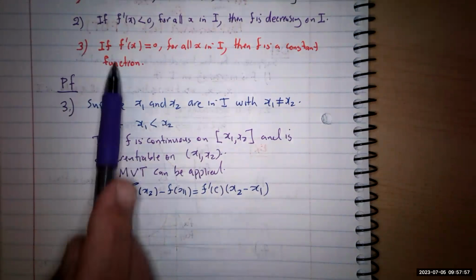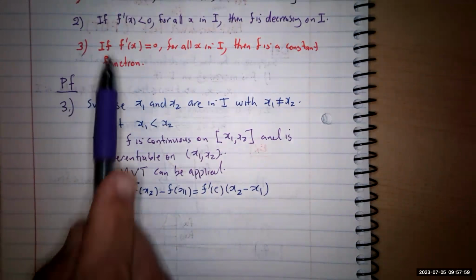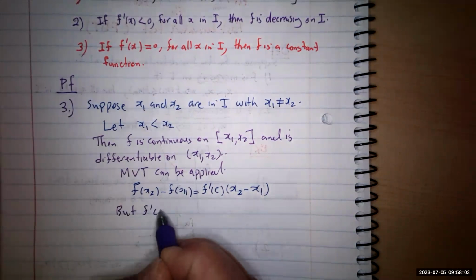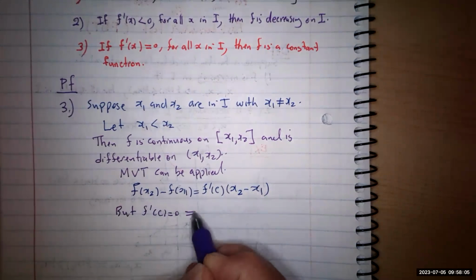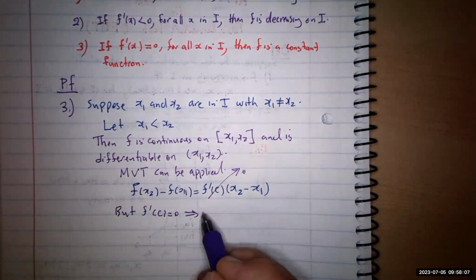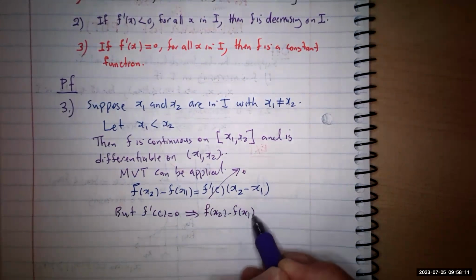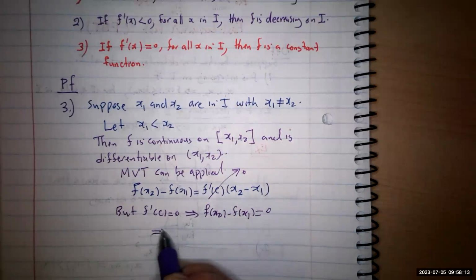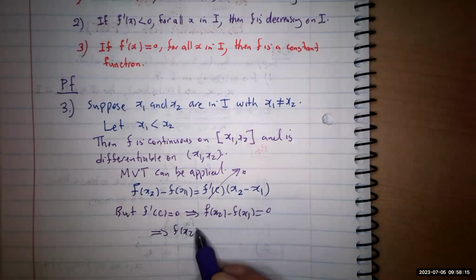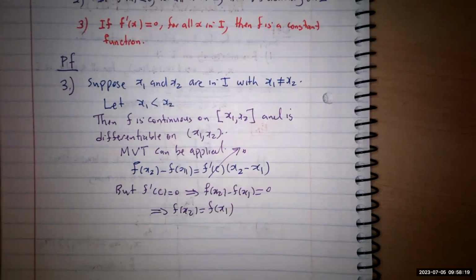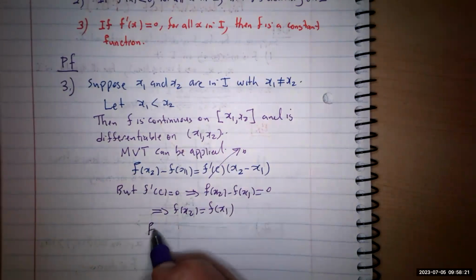In the third one, f prime of c is 0. So this means f of x2 minus f of x1 is equal to 0, and that will tell you that f of x2 is equal to f of x1. So this simply means f is a constant function.